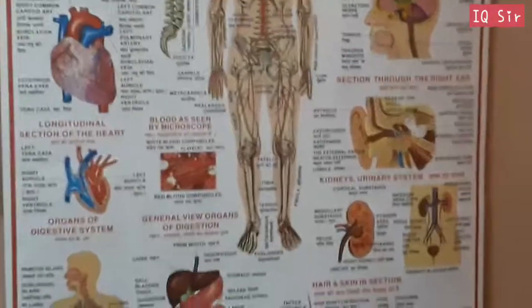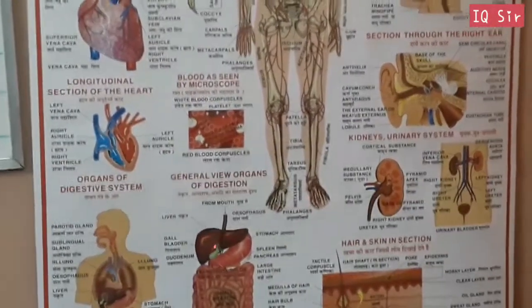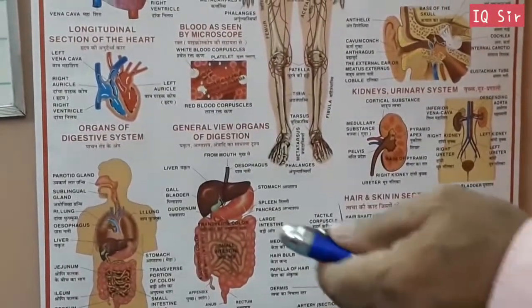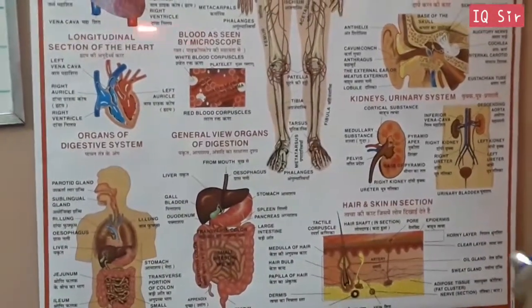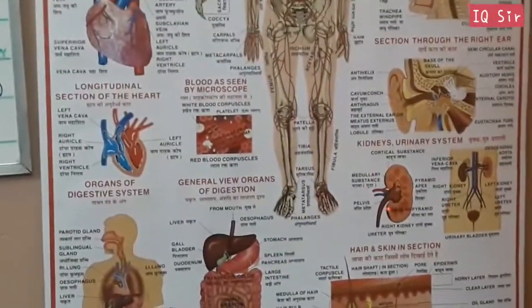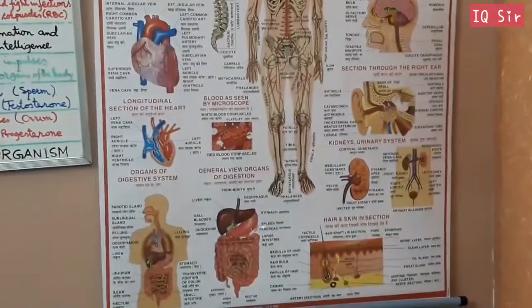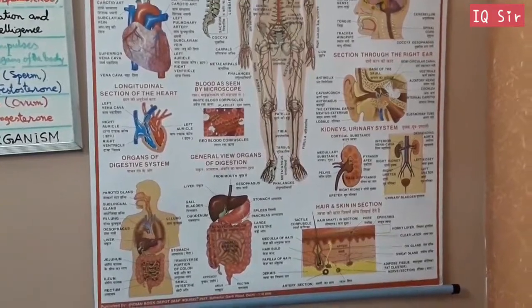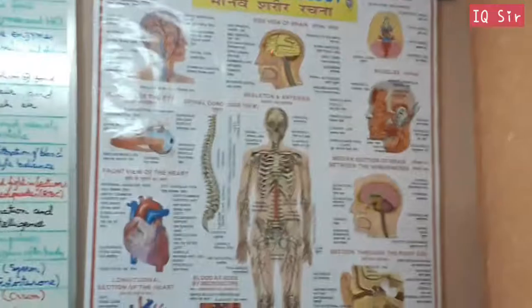Then the liver is there, the largest digestive gland in the body, and the lungs you have seen already, and the heart is there, magnified. Then the kidney section is there, and the spleen is there, you can see the spleen just below the stomach.